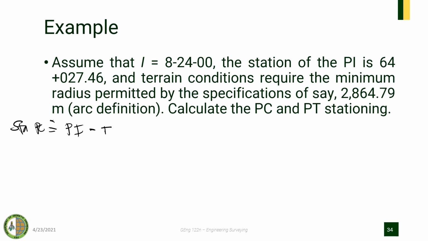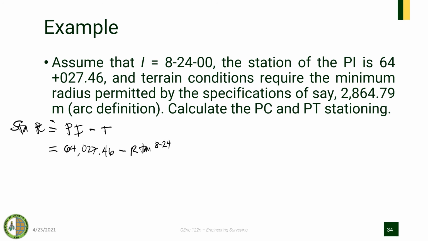Station PI is 64,027.46, minus your tangent distance, which is simply the radius times the tangent of half of your central angle, 8 degrees and 24 minutes over 2.